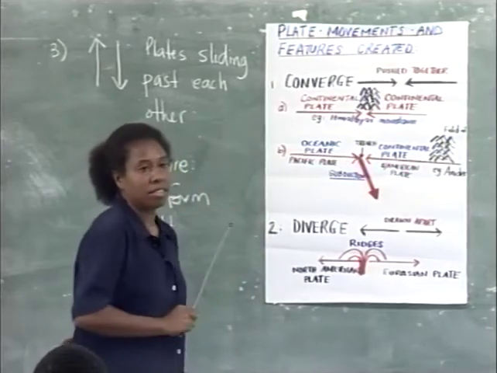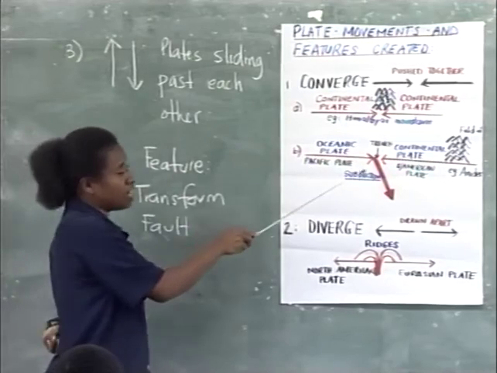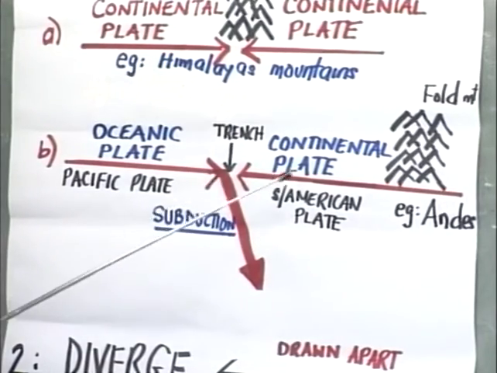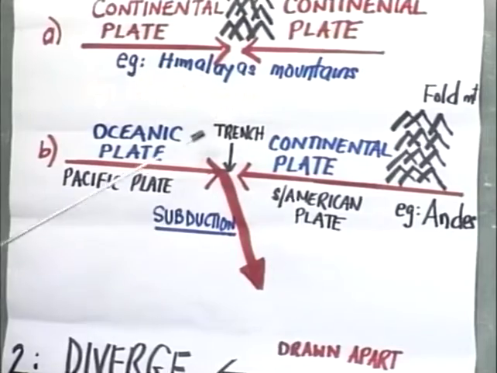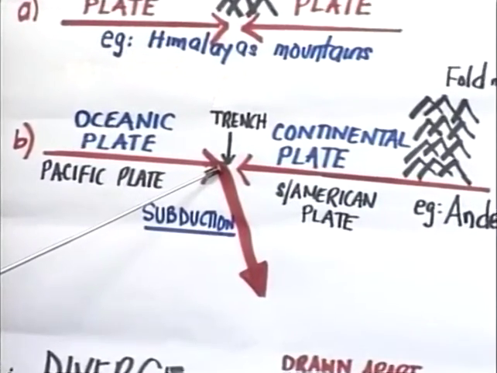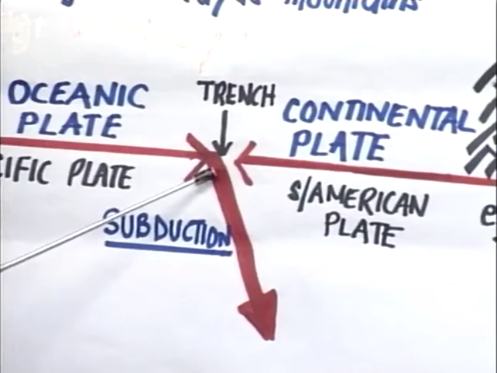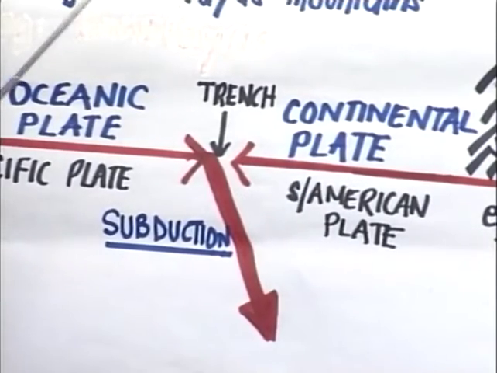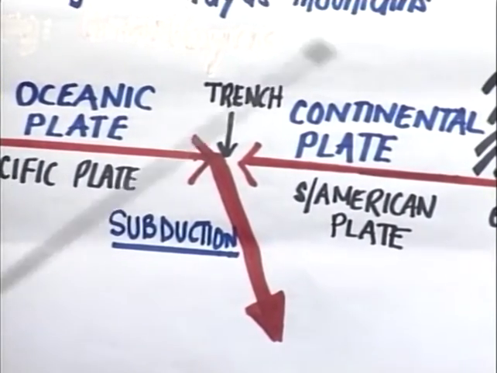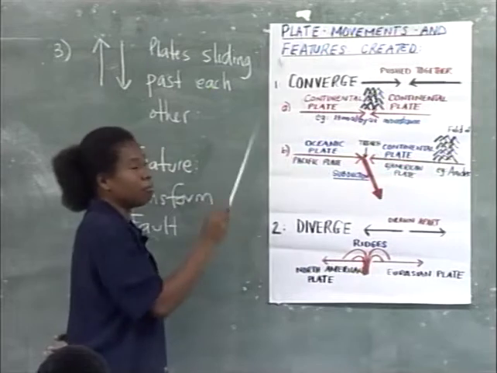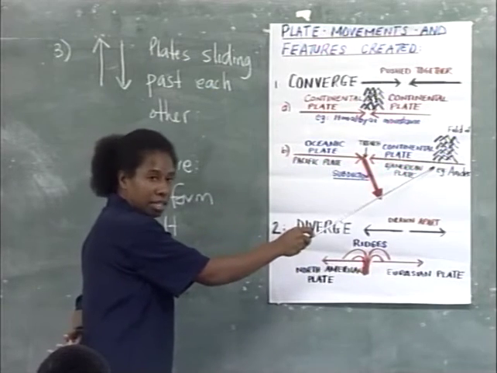When this happens, a feature which is created, usually where the oceanic plate is meeting up with the continental plate, is what we call a trench. A trench is formed when plates converge, usually an oceanic plate meeting a continental plate or an oceanic plate meeting an oceanic plate.